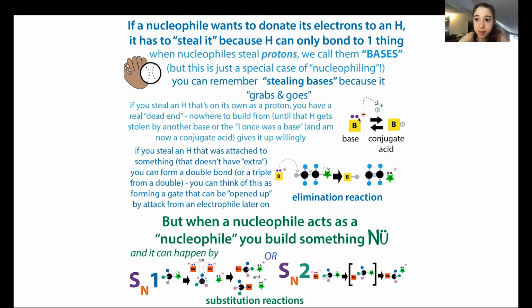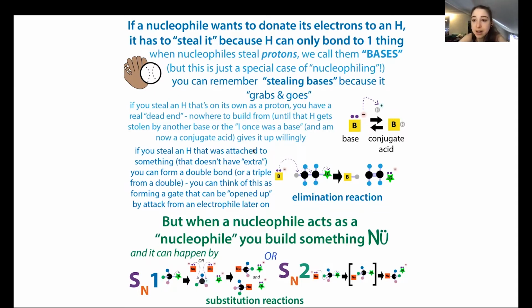You can think of stealing bases, because when you take a proton, because the proton can only form one bond, if it was attached to something else, then that something else is left without it. So you have to actually take it. You can't just latch on.